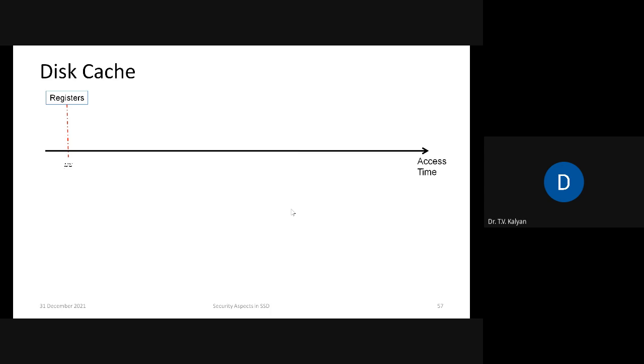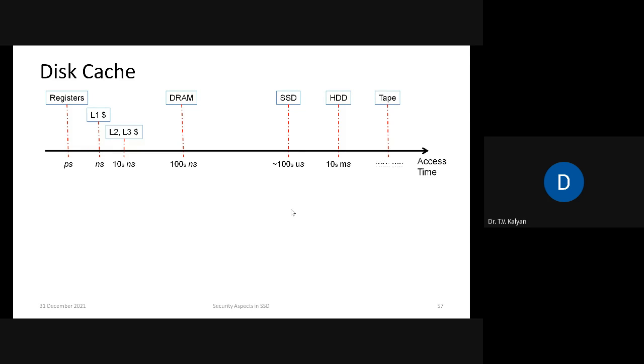The fastest are the registers, which would be in picoseconds, followed by L1, L2, and L3 cache, which would be a few nanoseconds, followed by DRAM, which would typically be 100 to 200 nanoseconds, followed by the current SSD that we are studying, which is in hundreds of microseconds. And typical magnetic disks are in milliseconds, very slow. And magnetic tapes are the slowest.